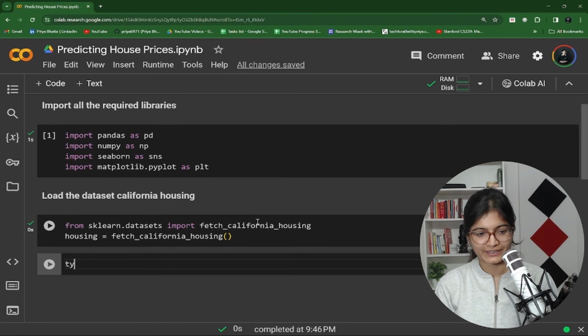Let's see the type of this housing data that we have.